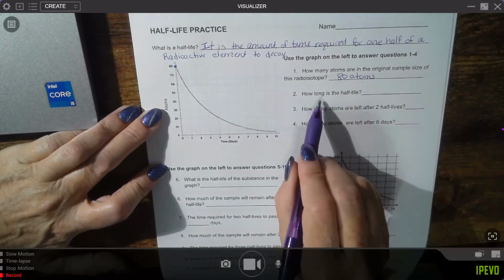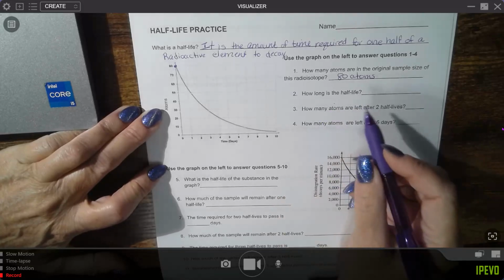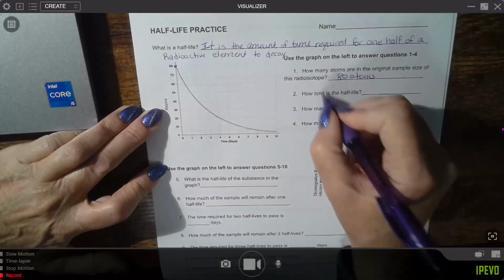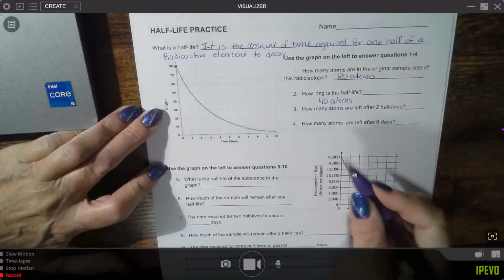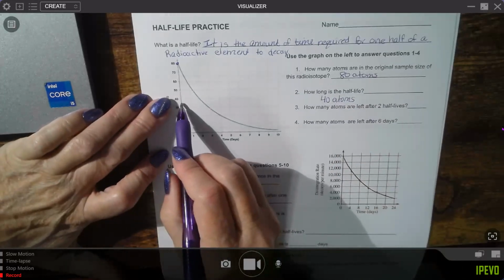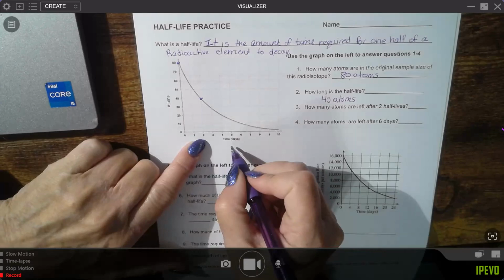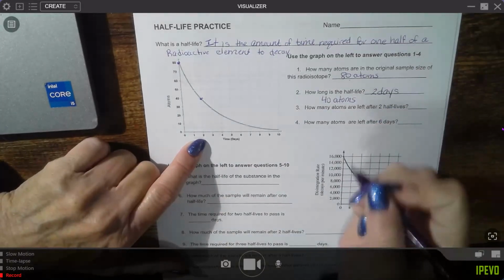And then we want to figure out how long is the half-life. So the half-life would be however much time it takes to end up with 40 atoms. If I look at my graph, here is 40, and I go down, that is 2 days. So a half-life is 2 days.